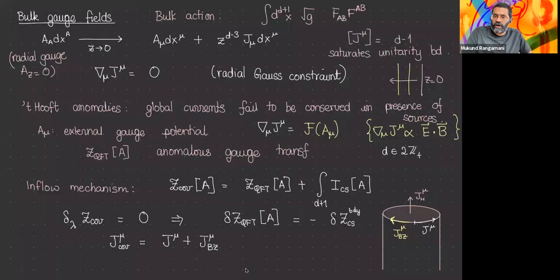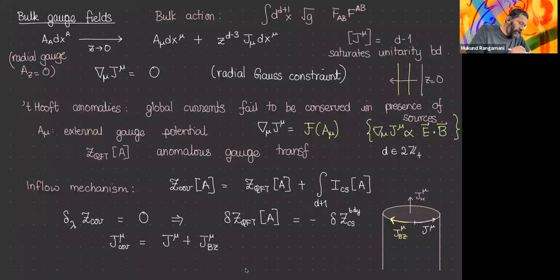This is a standard anomaly inflow picture that some of you might have encountered in quantum field theory. All 't Hooft anomalies can be classified by classifying appropriate Chern-Simons terms. And the anomalous gauge transformation of the quantum field theory generating function is precisely compensated by the boundary term you get by varying the Chern-Simons piece.